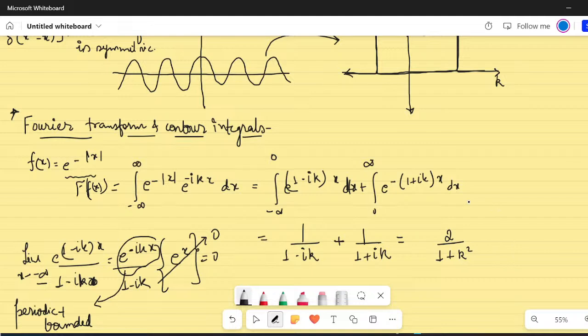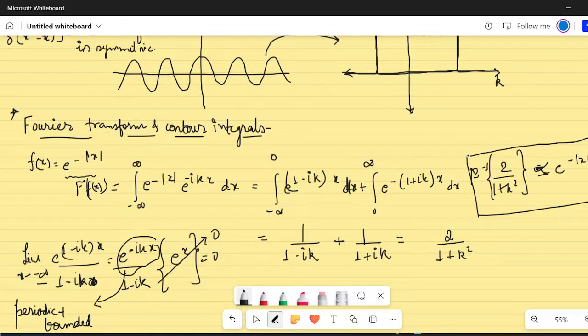One has to remember, this is what I told you yesterday, that 2 upon 1 plus k square, if one wants to take an inverse Fourier transform, which again is a Fourier transform only, don't worry about it, it would be proportional to e to the power minus modulus of x. If some different things crop up, then in general always remember this is going to be the case.